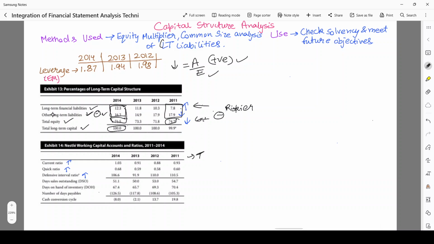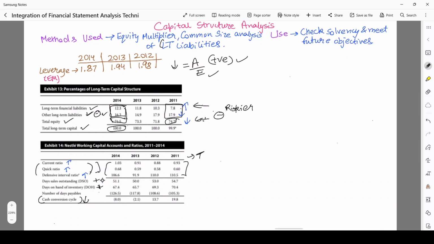Here, the analyst expects to see, given there has been an increase in leverage, whether these short-term ratios have improved and whether the cash conversion cycle has decreased, given the increased use of leverage in the firm. So here we notice that these three ratios have improved slightly.